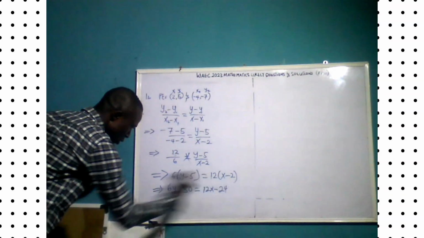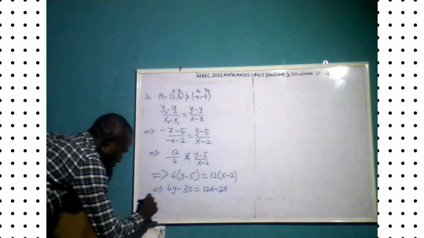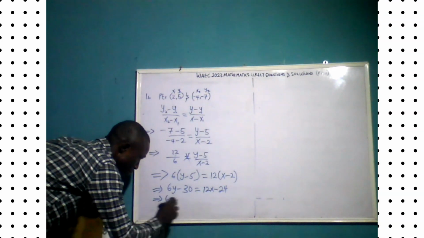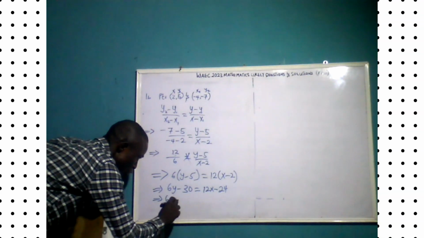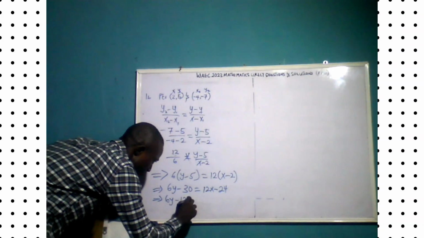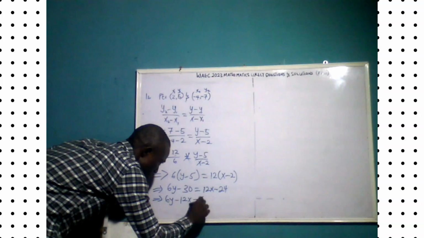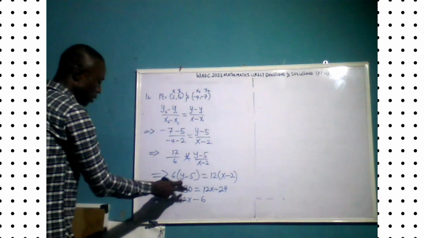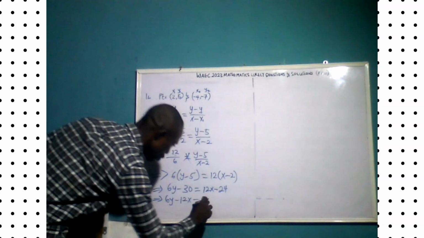Bringing this over, you now have 6y minus 12x, minus 6, because minus 24 coming here will be plus 24, and plus 24 minus 30 will be minus 6, equal to 0.